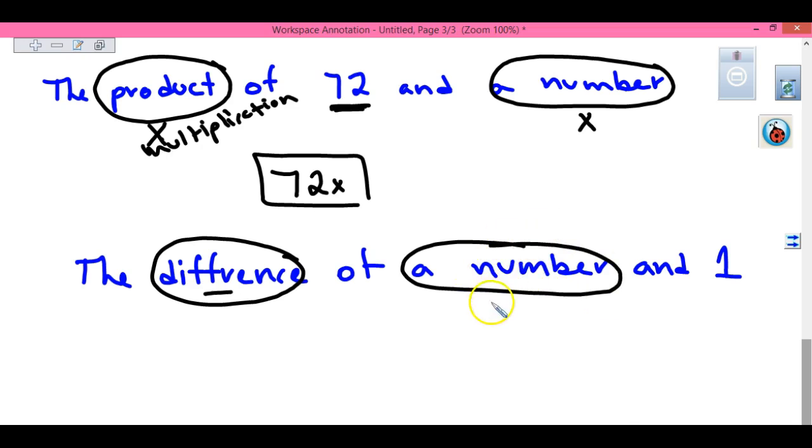So in this case, let's call it m, and 1. So now, does order matter when we're subtracting? Yes. Order matters when we're subtracting. So the difference of a number and 1 would mean m minus 1.